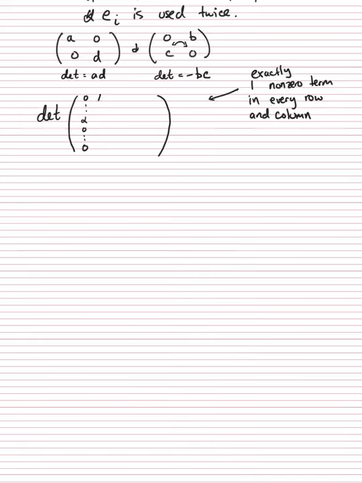So we'll see something like beta, and then zeros, then lambda. So there's some number of column switches that will produce a diagonal matrix.